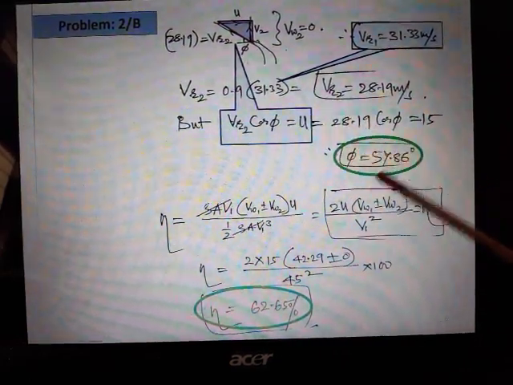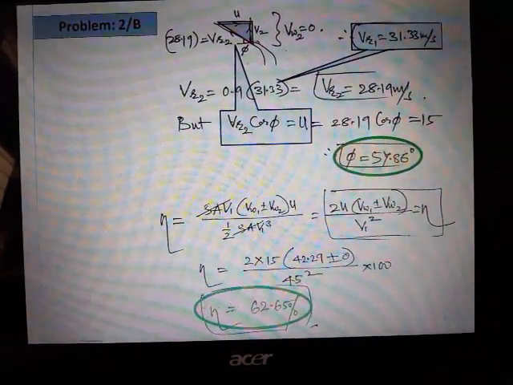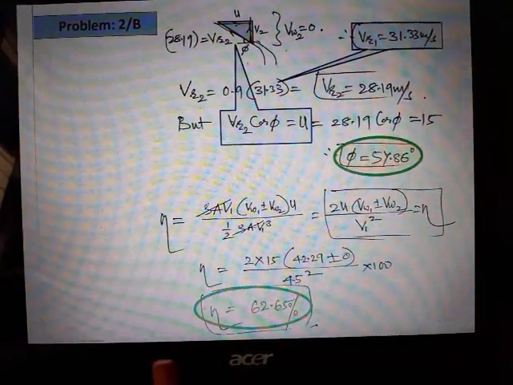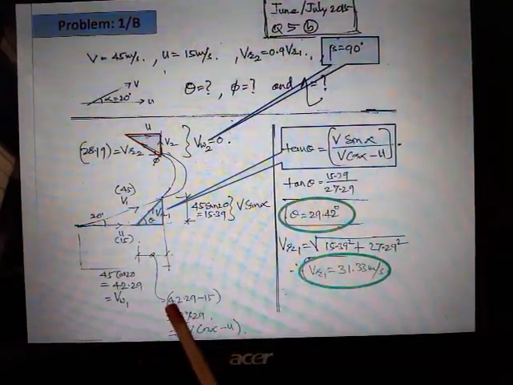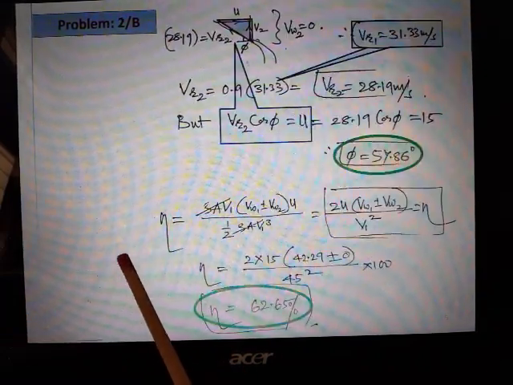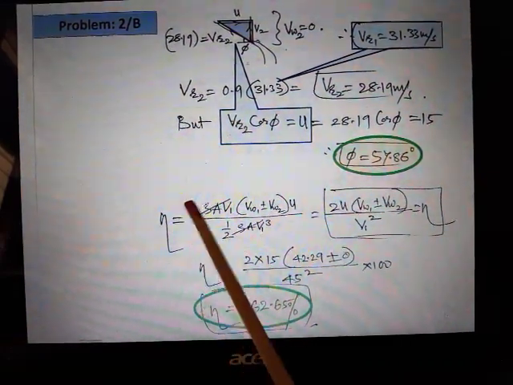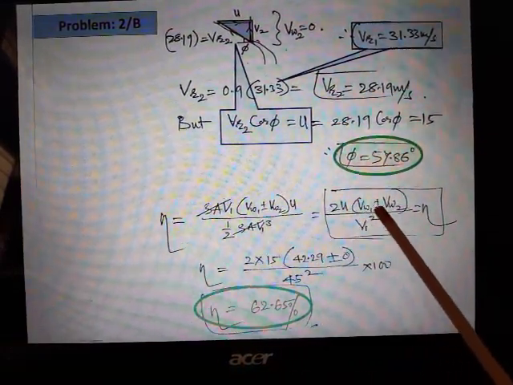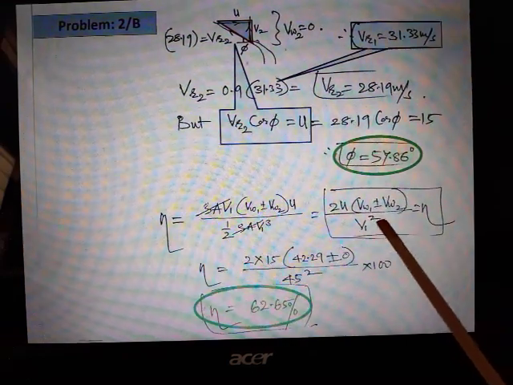Now having known VW2 and then earlier VW1, VW1 was 42.29. So knowing these two values, we can calculate efficiency. The efficiency expression, we already know, is 2U into bracket VW1 plus or minus VW2 divided by V1 squared.